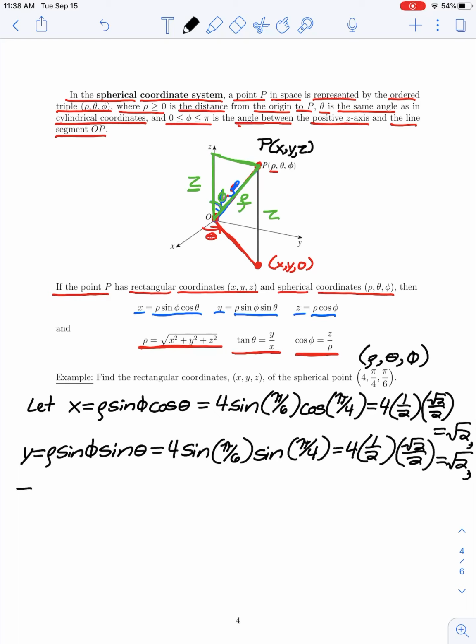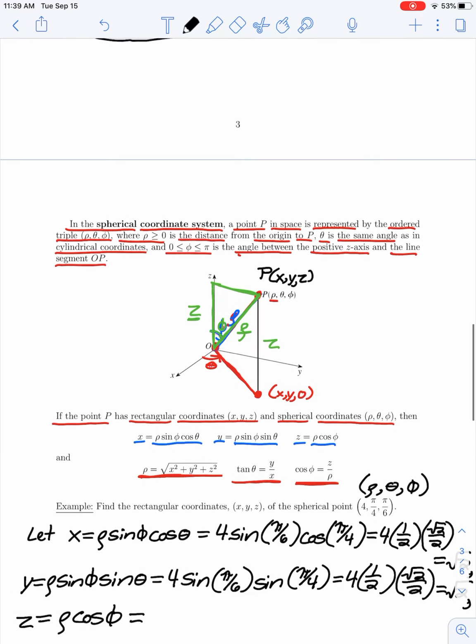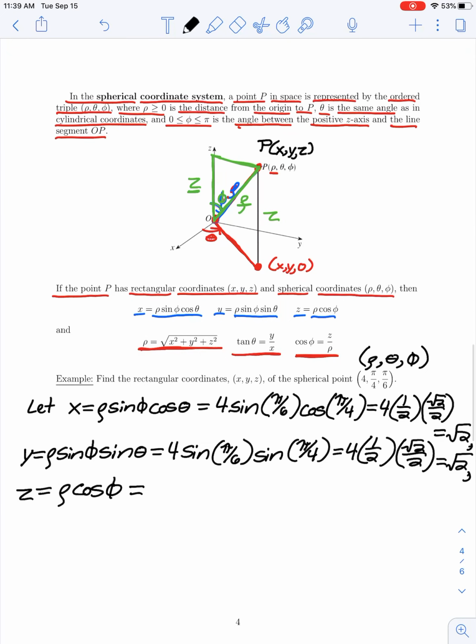And then our z coordinate is determined by rho cosine of phi. Now rho was equal to 4. And then we're multiplying by cosine of phi, which was pi over 6. So we get 4 times cosine of pi over 6 is root 3 over 2.